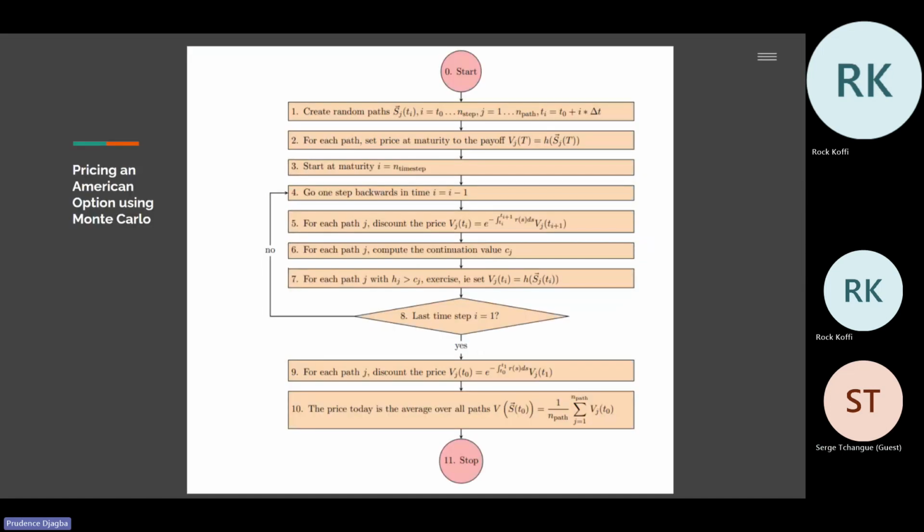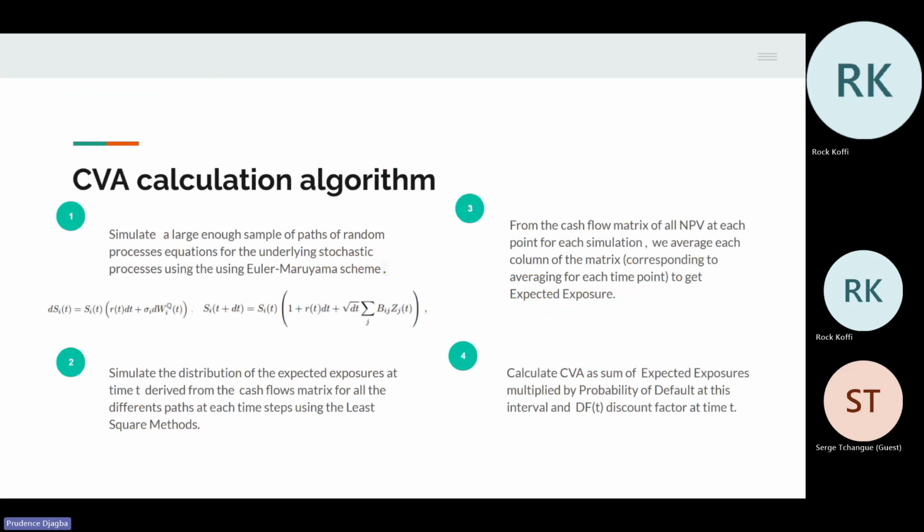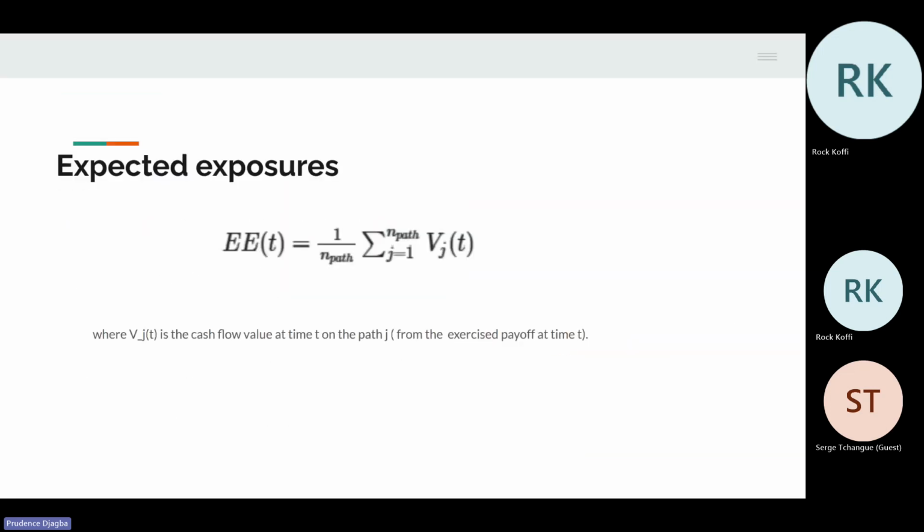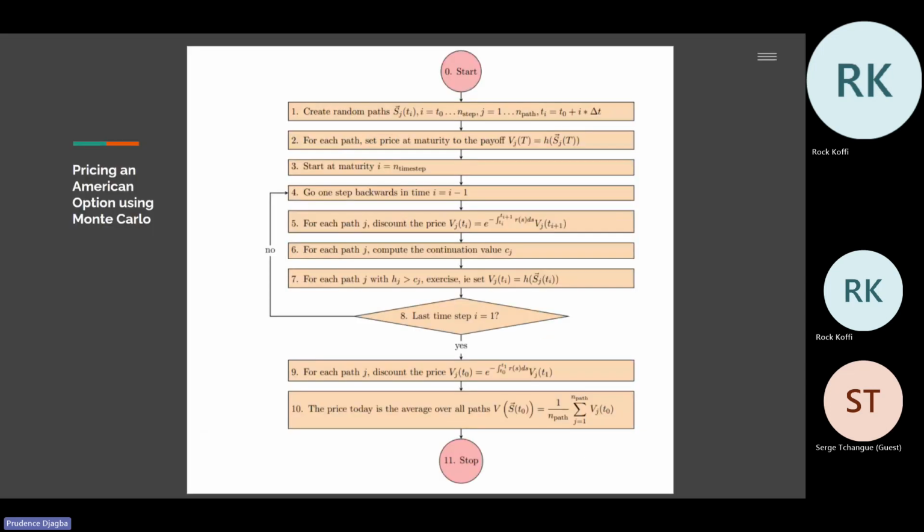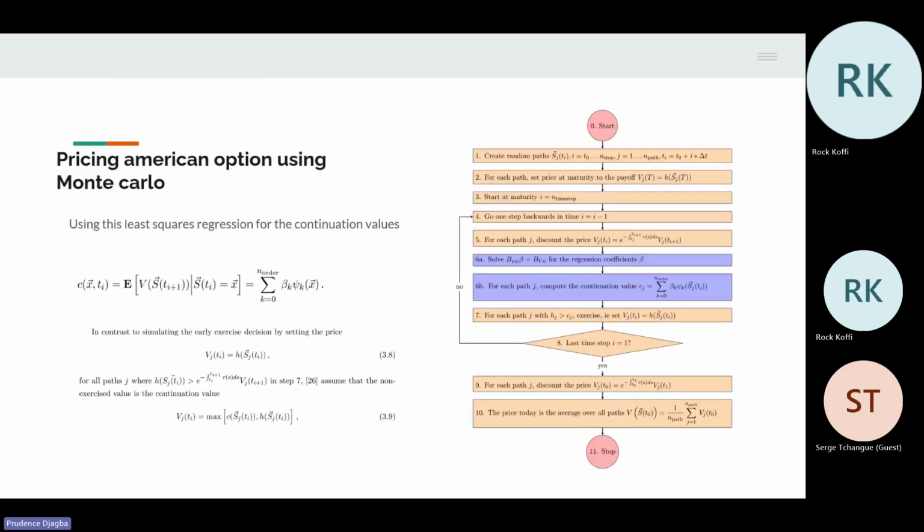So the last remark that I also discussed last time. If you want to get an accurate approximation of the CVA, those are built on the expected value. The expected value that we compute is mainly on this continuation, the expectation that we got from here, and we estimate it using linear regression.